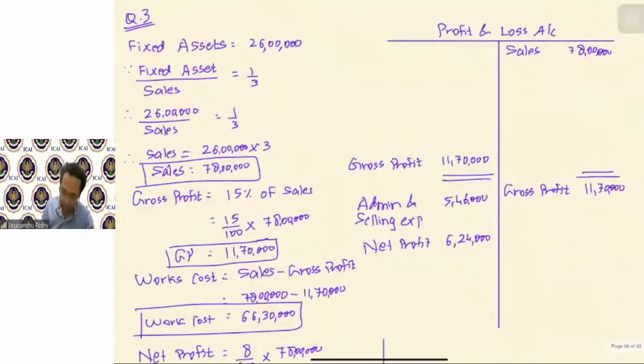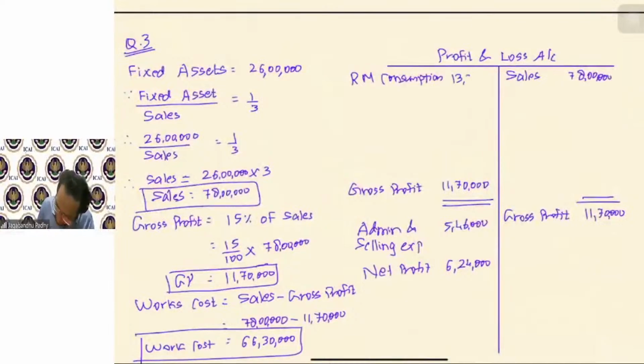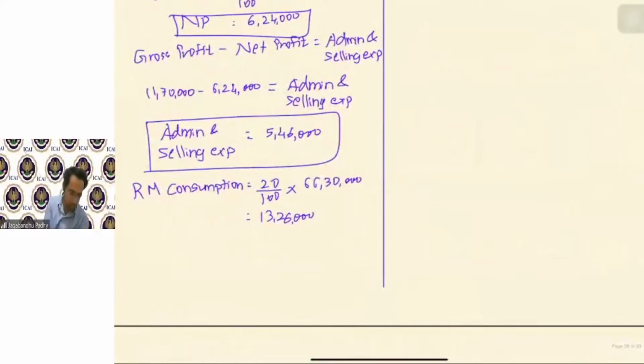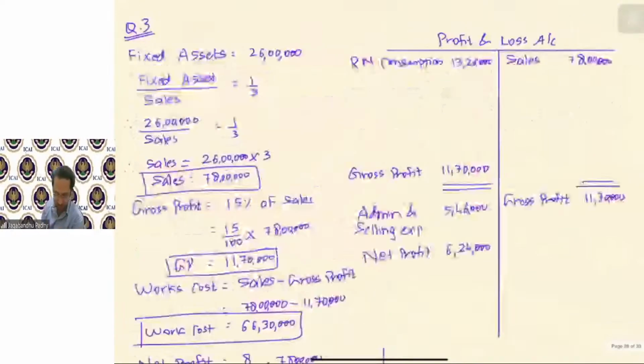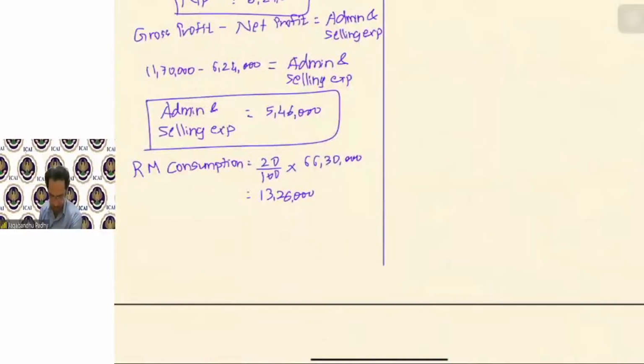So in the P&L, we have raw material consumption as 13 lakh 26,000. Then the next item.